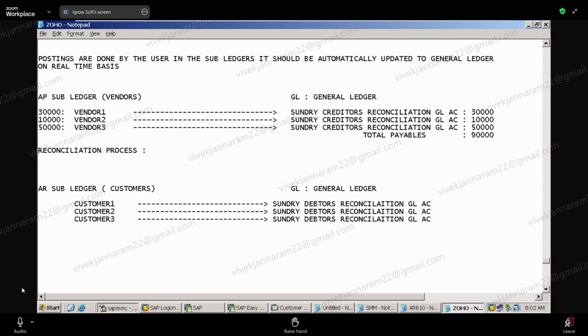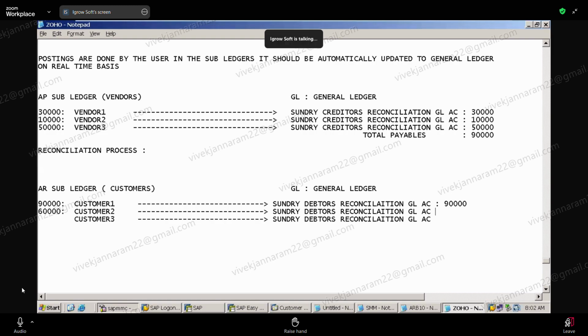Now what will happen whenever the user is posting? Suppose he sold 90,000 to customer one. How much will come here? Here also it will come 90,000. He is selling 60,000 to customer two. It will update here also.